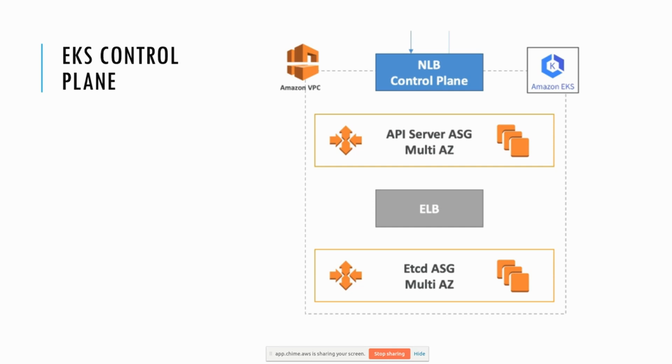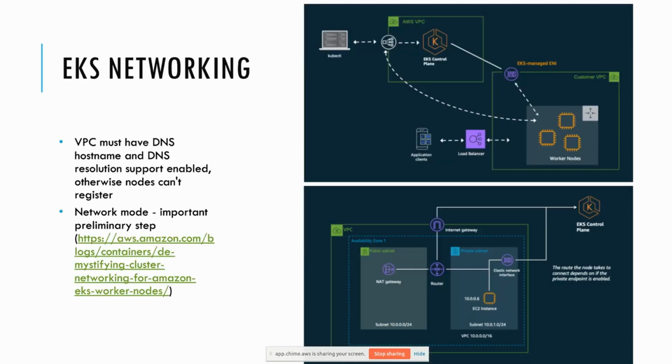And you will have visibility of that VPC that has your worker nodes or your EC2 instances. But with regards to the control plane, that isn't visible to you, and it is running within a separate VPC, and it's completely managed by the AWS team.